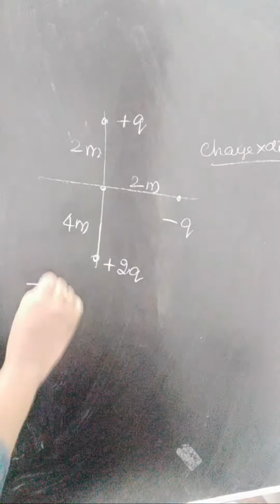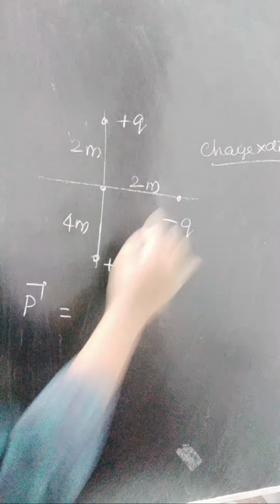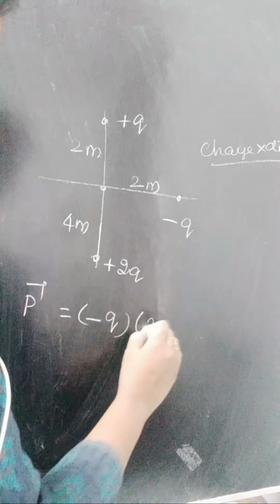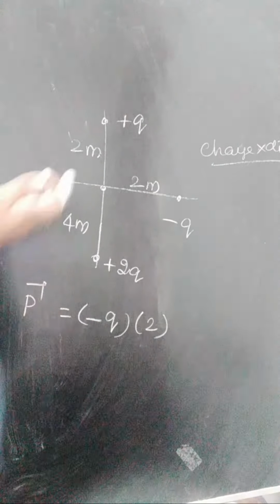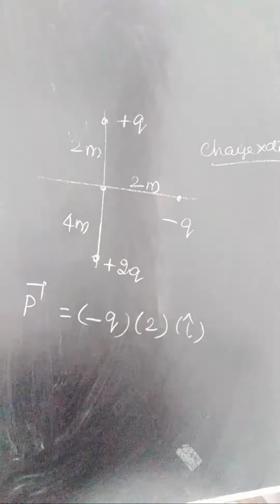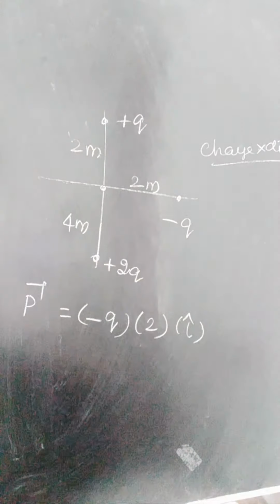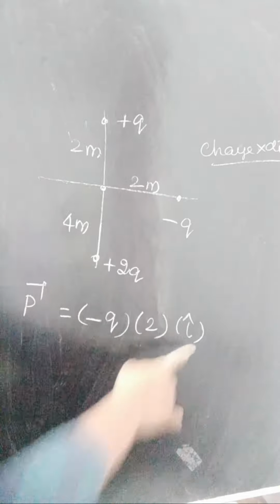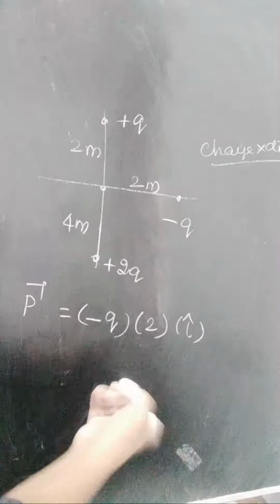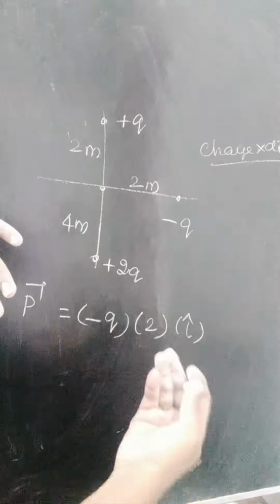So for example, first one, go for individual one. Minus q, charge, distance, how much? 2 meter, and it is lying along which axis? Positive x. So shall I put plus i cap? No, it is not compulsory, but they have given the unit vector values in the options. They'll give you one with respect to plus i, another with respect to minus i also.